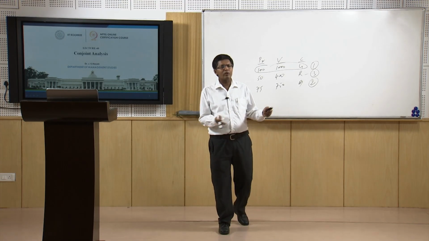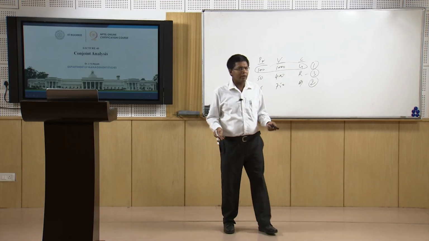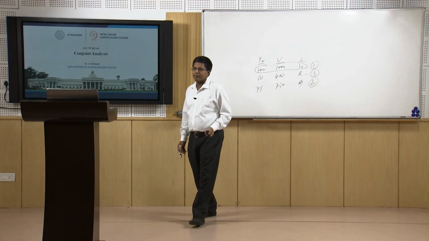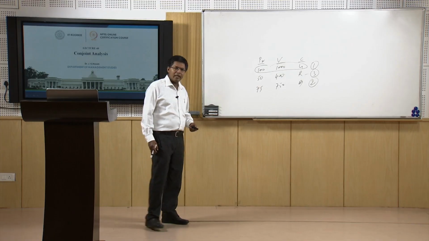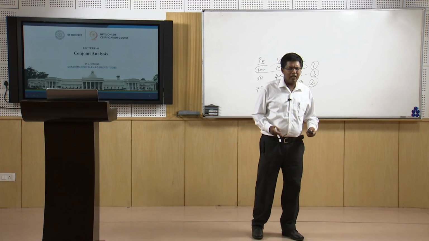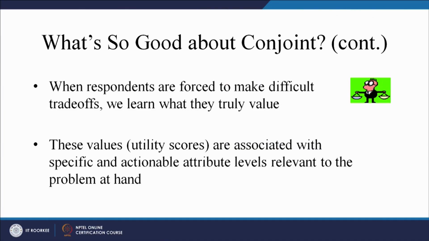The parent says you need to study, so either you choose cricket or you choose a movie, which one would you like? So, it is a difficult trade-off for the student. Okay. So, we learn here what they truly value. Suppose the student says I would like to play a game of cricket, then it means that he values cricket over movies. Okay. These values are associated with specific and actionable attribute labels relevant to the problem at hand.